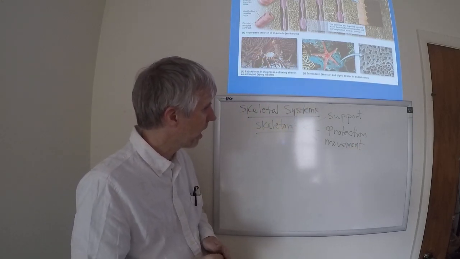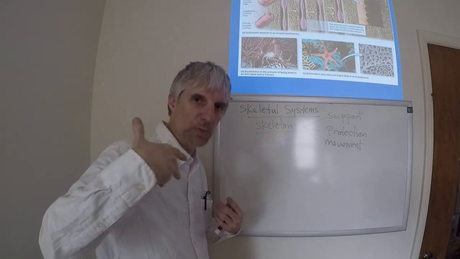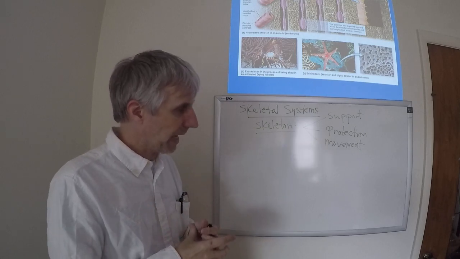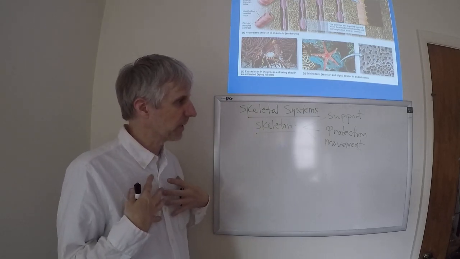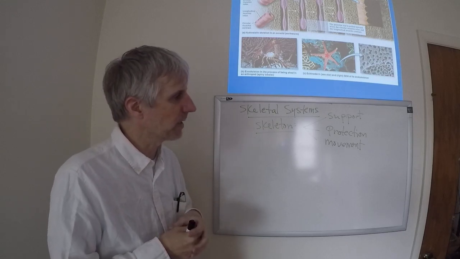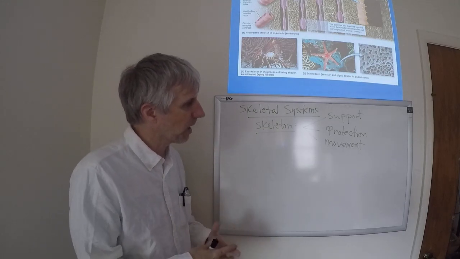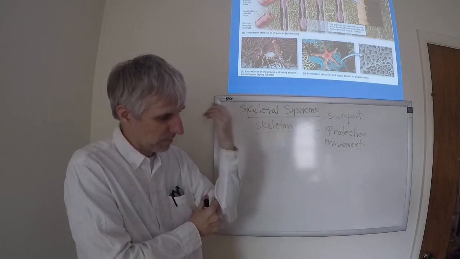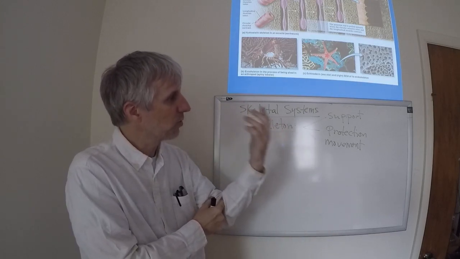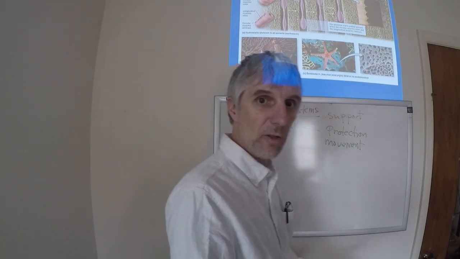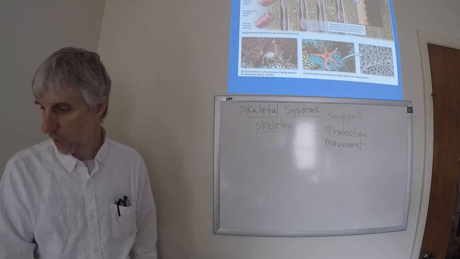My spinal column is part of my skeleton and it helps support my body in an upright position. My rib cage is part of my skeleton, and its job is to protect the internal organs inside the thoracic cavity. And by hooking muscles up to my bones within the skeletal system, I can move the bones and move myself from one place to the other as well.